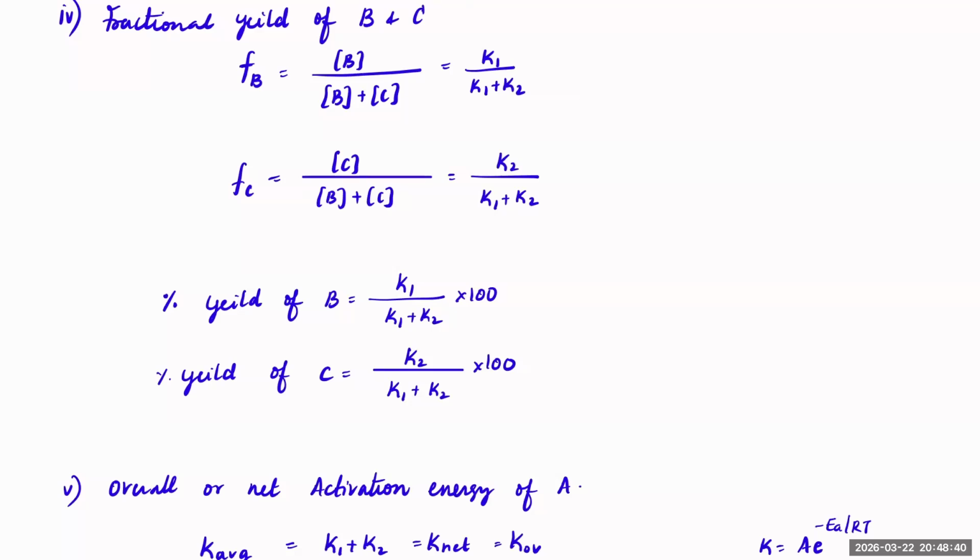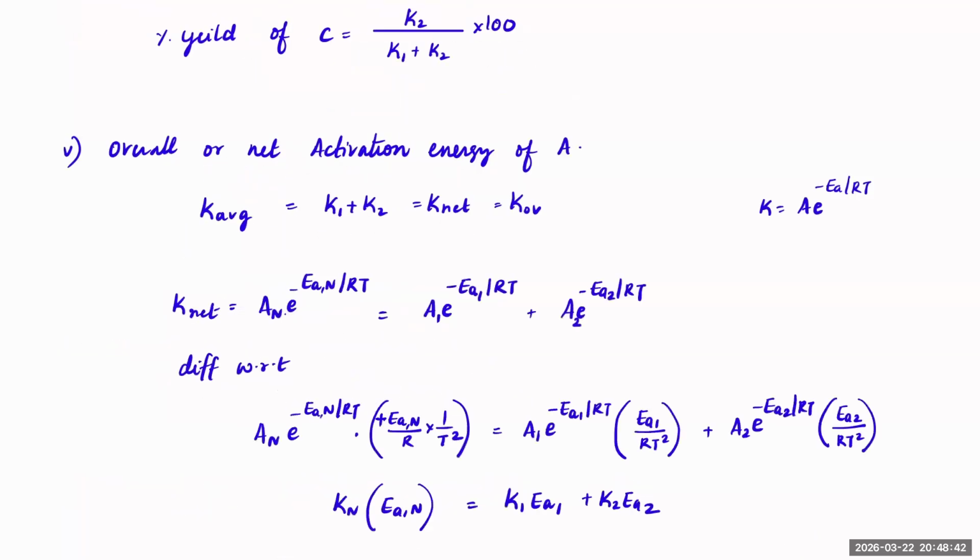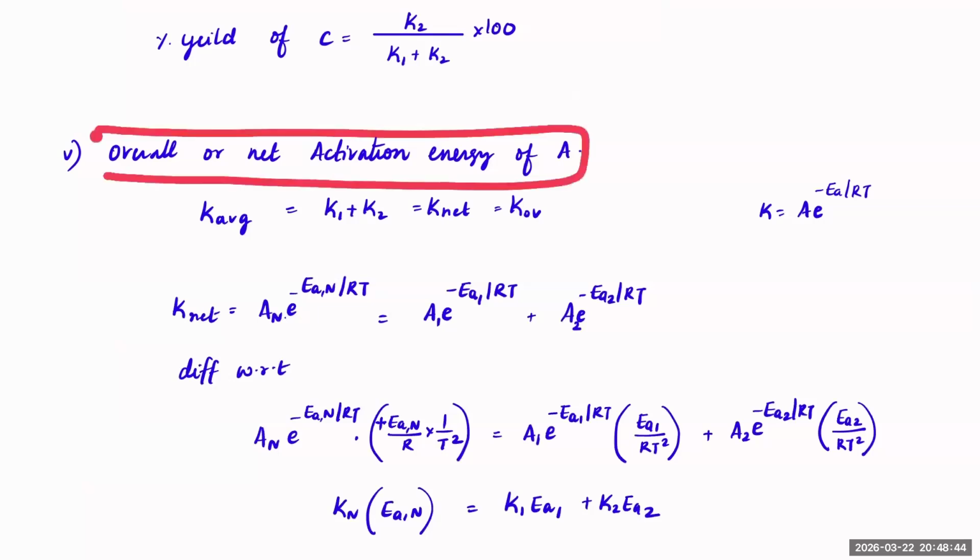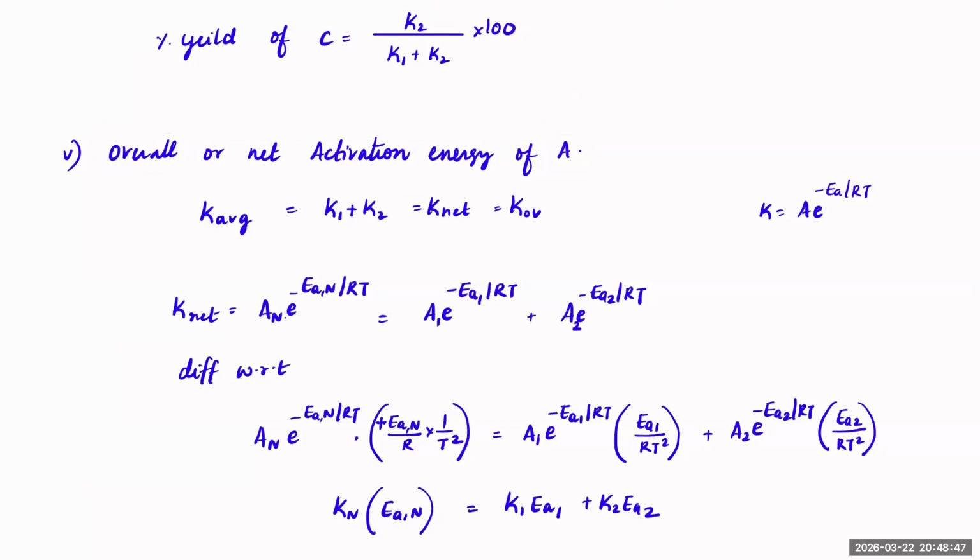Now notice the next one. If I want to calculate the net activation energy of A, this is the next important factor in parallel reactions. To figure out the net activation energy, notice k average is equal to k1 plus k2. Correct?